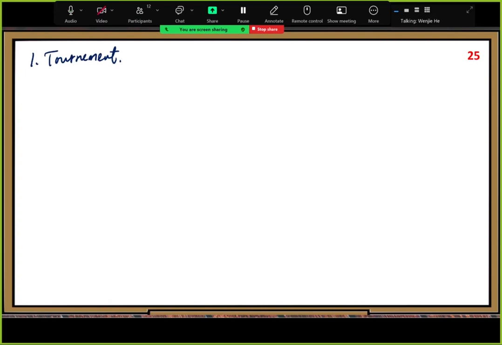When we do the tournament method, we leave out X5. So here, when we do the tournament method, we leave out Xm, and we apply the tournament method on the first n minus 1 elements.